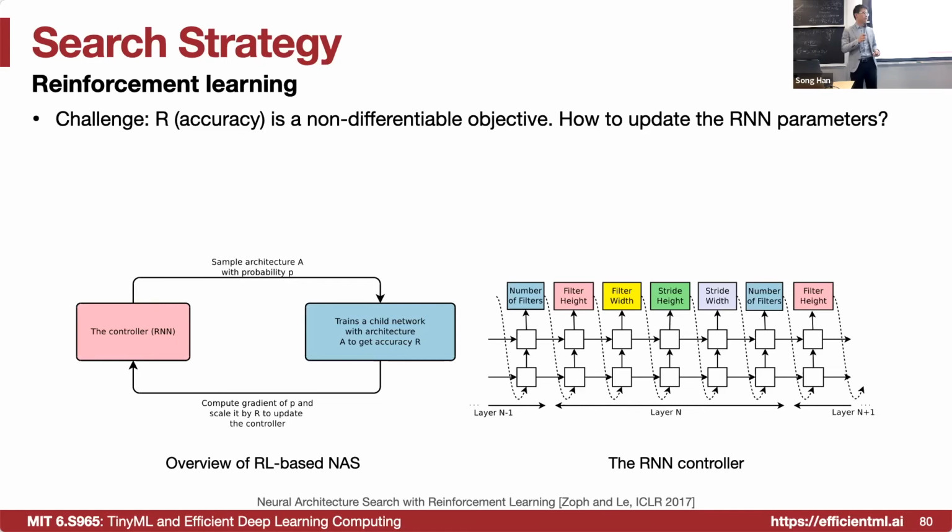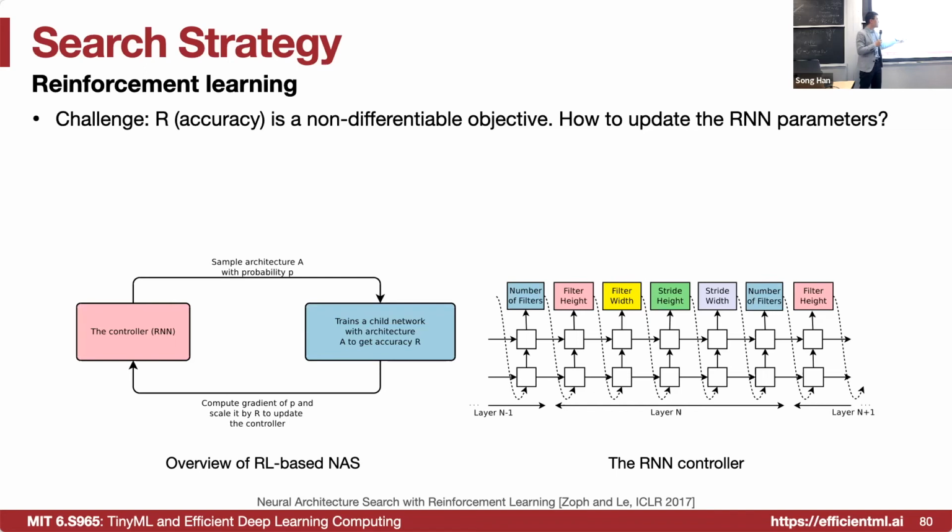So here this paper casts this problem into a reinforcement learning problem where a controller samples an architecture with probability P, and then trains this child network to get the accuracy as a reward.